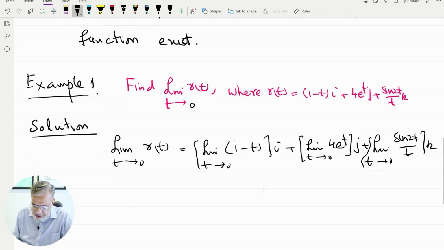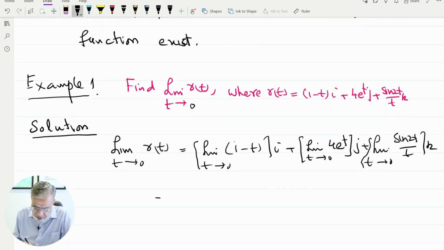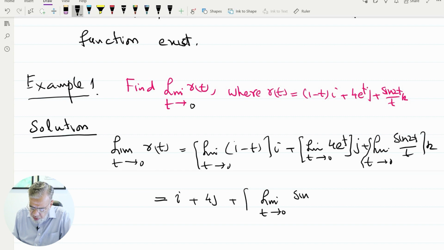Now we can see this is a polynomial function, so we can write its limit immediately: this is 1, so we get i. For e to power t, the limit is 1, so we get 4j. To find the limit of the last one, we apply the formula sine x upon x. Here we have sine 2t, so the denominator must be 2t.